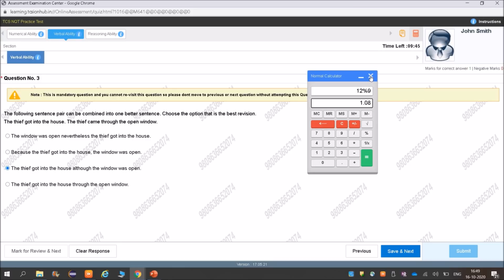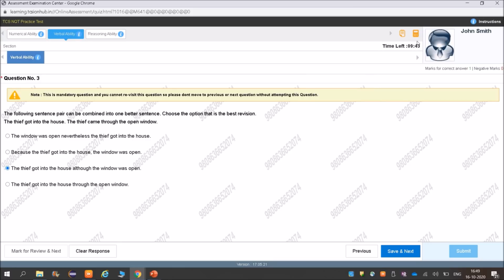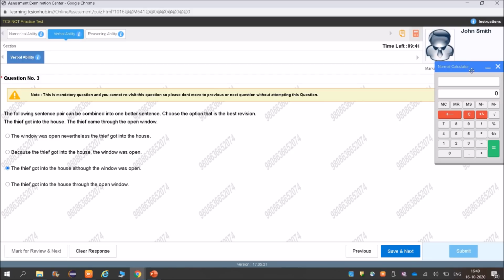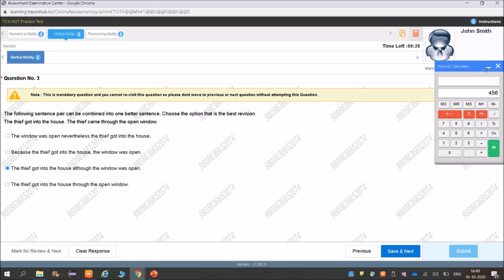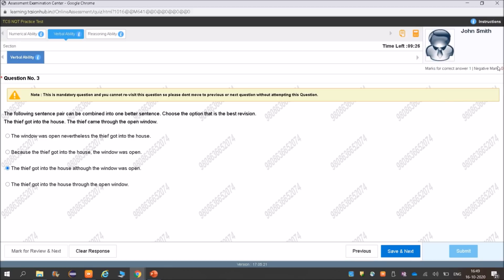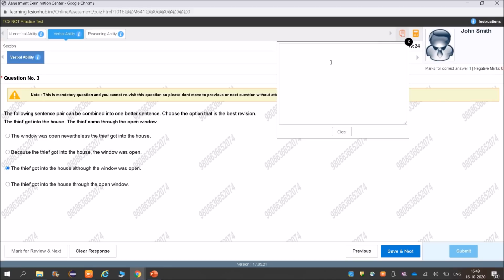Okay. And friends, if you click on the close button, it will be closed, and again if you want to open it, you can open it. Even friends, there is an option to minimize it. If you minimize it, the digits will still be there. So after minimizing, if you maximize, it will still be written. And friends, there is also a text area.